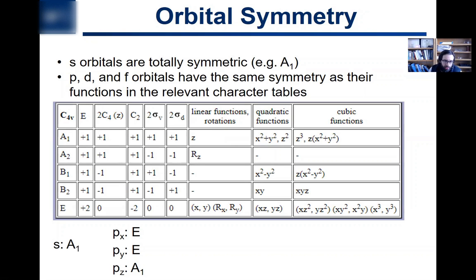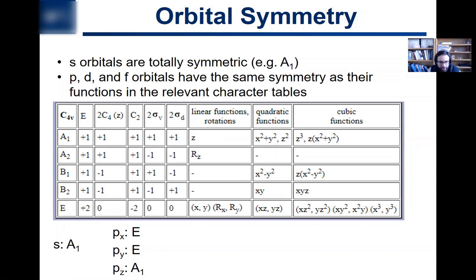For px, you're going to look for the x function. Here, x and y turn out to transform together as this two-dimensional representation called E. That means the px and py orbitals actually go together. They transform together. Whenever you do something to the x orbital, it's also going to do something to the y orbital.